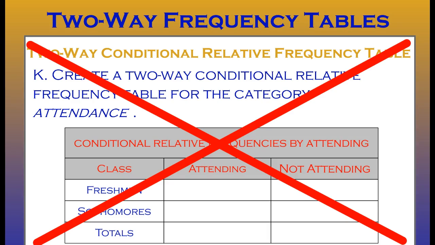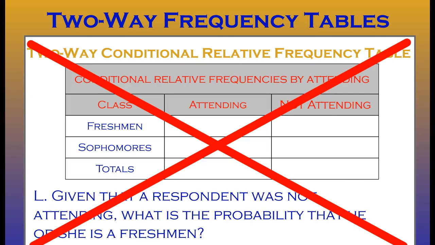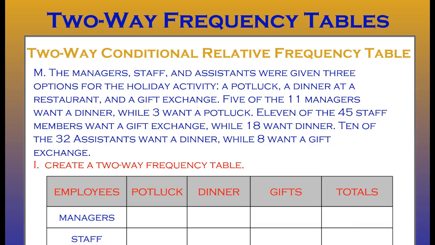We're not going to do example K or L. So I want to look at M. So it says the managers, the staff, and assistants were given 3 options for the holiday activity: a potluck, a dinner at a restaurant, and a gift exchange. 5 of the 11 managers want a dinner.